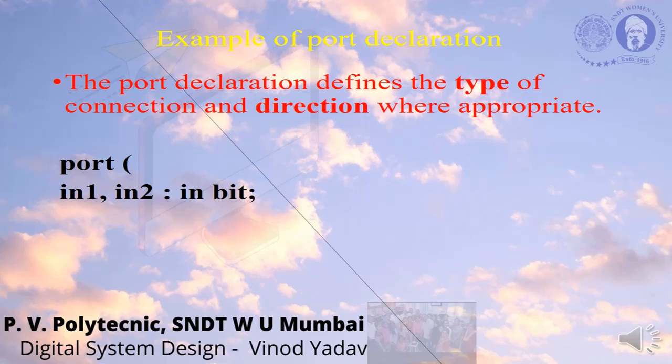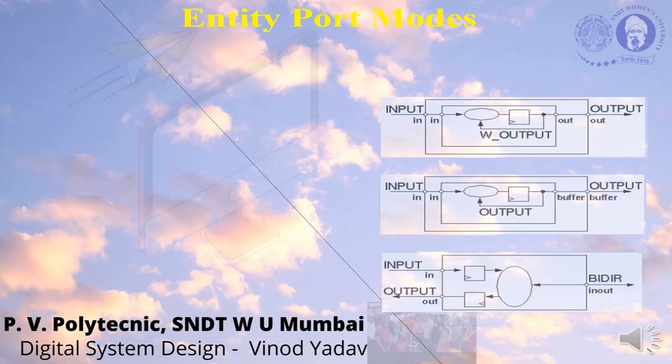Then you put a semicolon and define the output as out1 colon out bit. Out is the mode of the port declaration and bit is the data type, and then you have to close the bracket. You can observe that the semicolon appears after the bracket and not before the bracket. This is what you should remember.